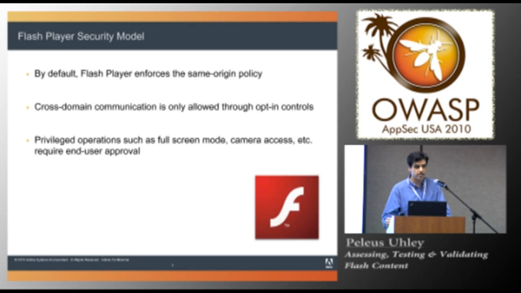They're either allowScriptAccess or cross-domain policy files. But in order for Flash to go beyond that, there's usually an opt-in control in its place. And for things that don't concern the server, but instead concern the end user, we'll prompt the user. So for instance, enabling camera and microphone access.